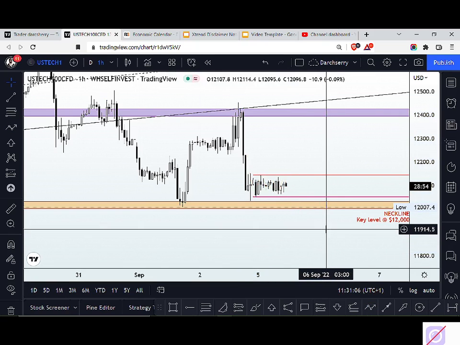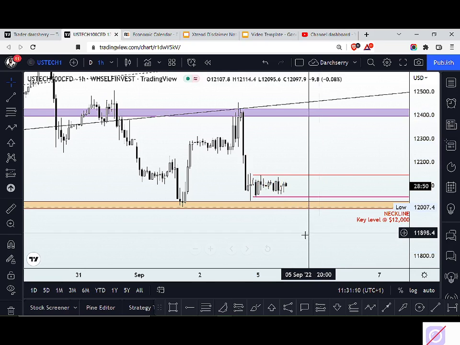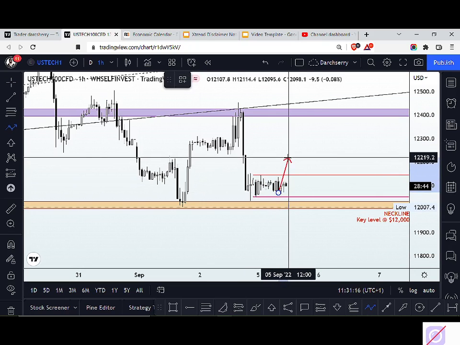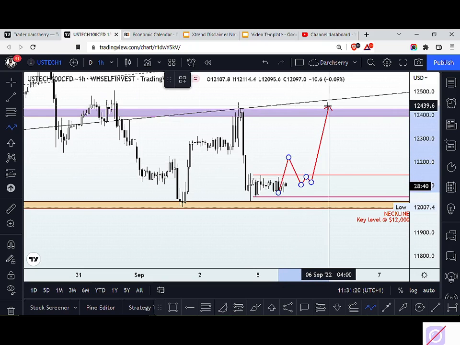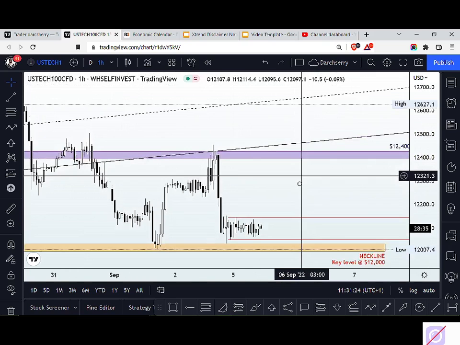So if a breakdown happens, we look forward to taking advantage of a selling momentum at a retest of structure. And if price breaks above this level, which I think is going to happen, then a retest of structure will give us a confirmation to join the rally. So if the rally happens, where will our take profit target be?